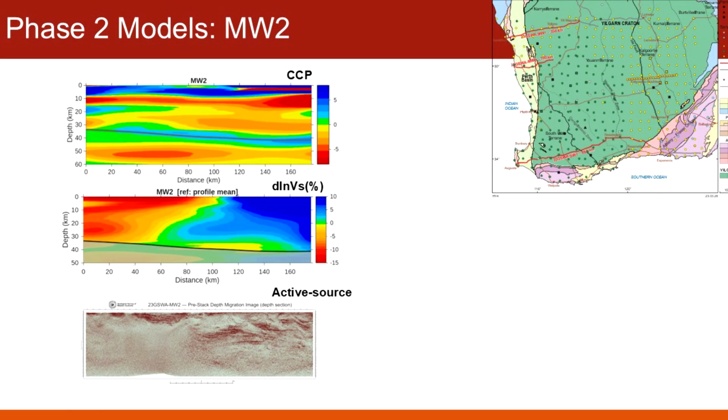So it's very different across the Darling Fault. One thing I need to point out is, okay, the Darling Fault is here. You can actually see the slow velocities sort of migrate into the east of the Darling Fault. This is true for this line and also for the Southwest 1 line shown previously.